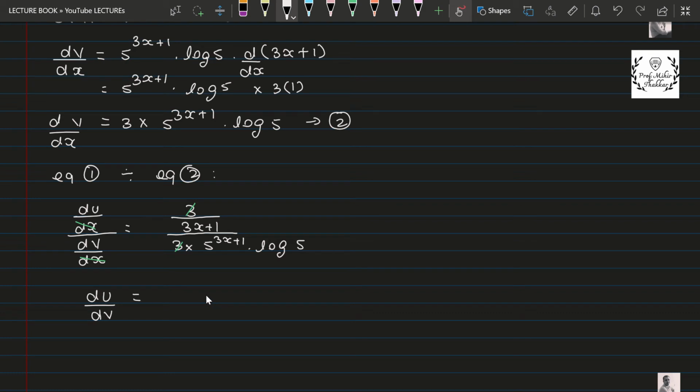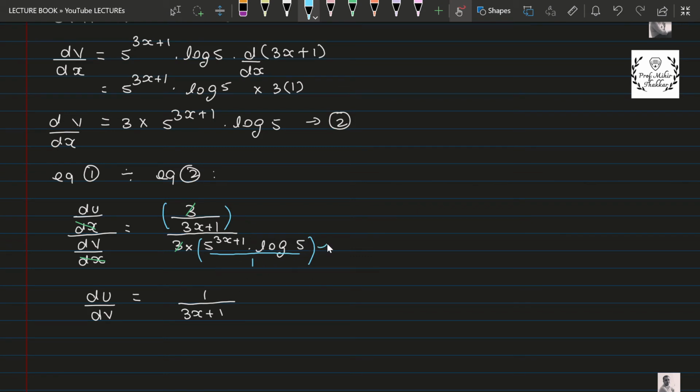On the right hand side it is 1 upon 3x plus 1. And guys, what about the next term? If I consider this entire term divided by 1, so it becomes a fraction upon another fraction.